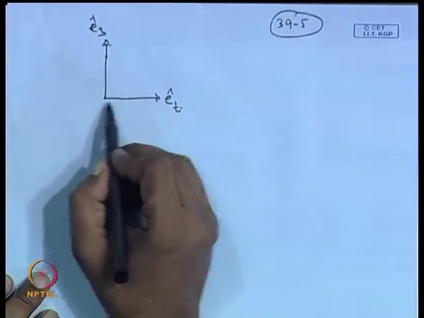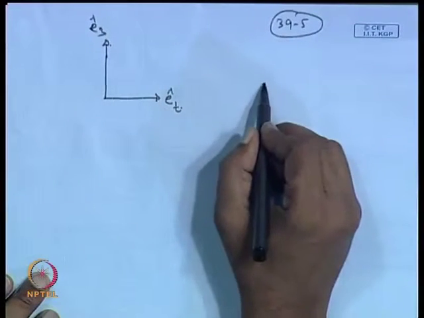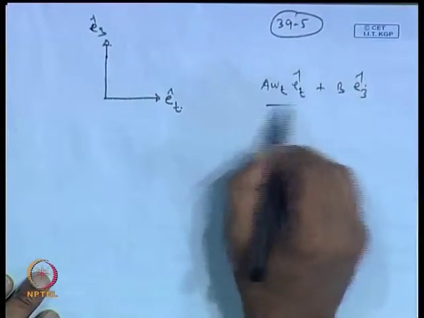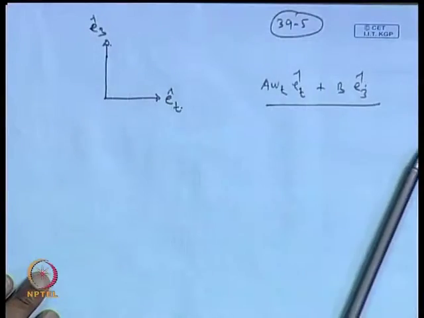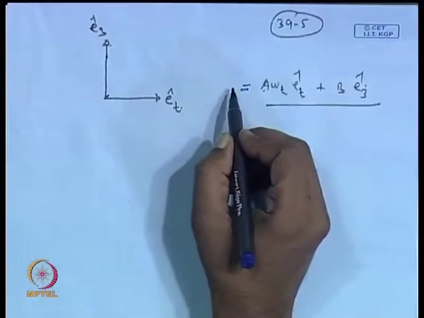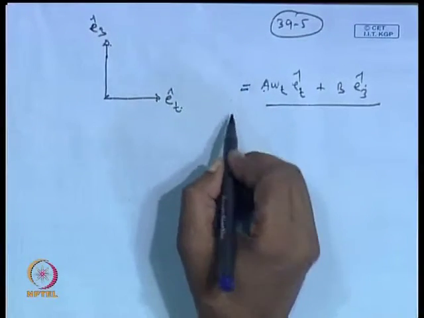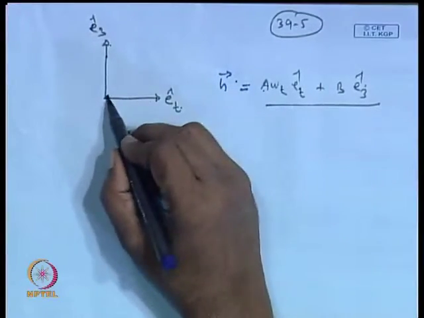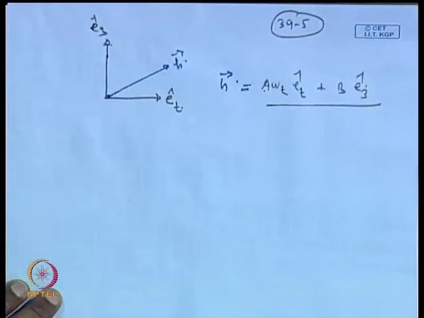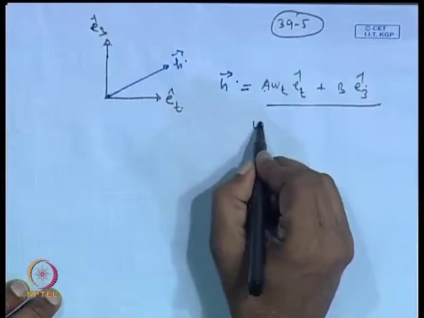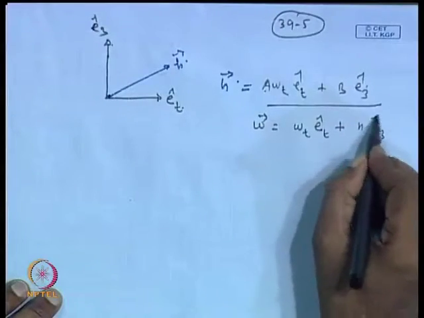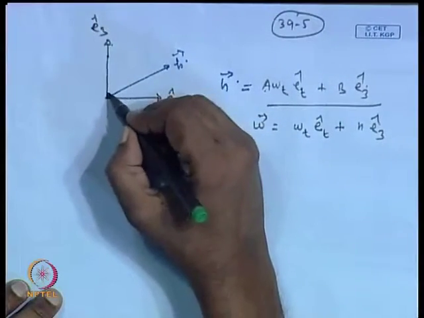So, if you multiply some quantity like A omega t times E t cap plus B times E 3 cap, it will constitute a vector, which we write finally as H. This is your H vector, and the omega vector you have indicated as omega t times E t cap plus n times E 3 cap. So, the omega vector may appear like this.